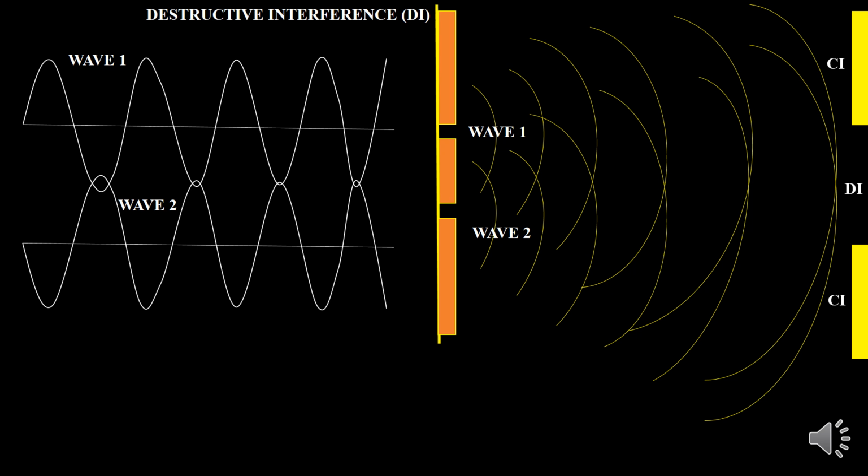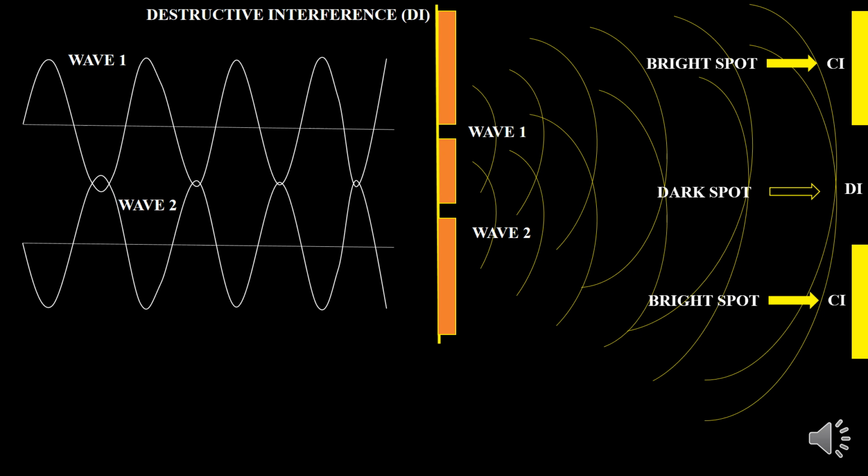So you understood the reason for the bright spot on the screen. The bright spot on the screen is caused due to constructive interference, and that happens when the two waves merge in phase. And what happens during destructive interference?